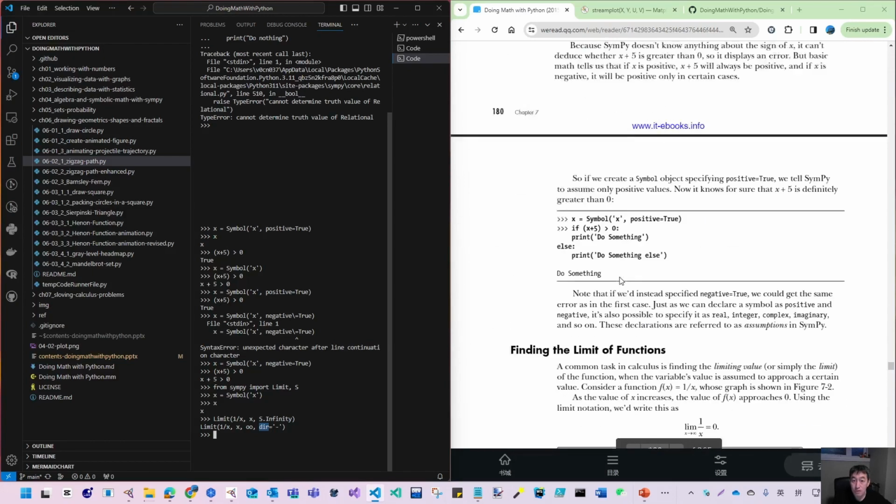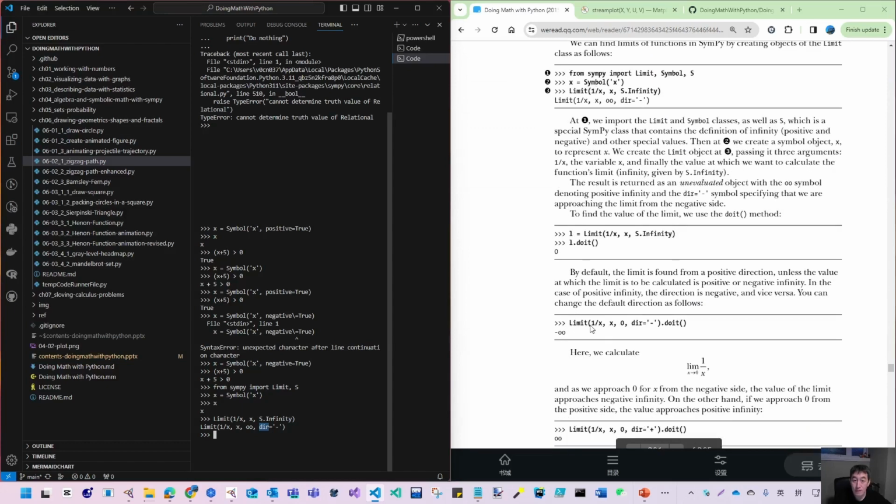We will now introduce this dot, and later we'll keep using this dot. That is a method that asks this expression to do the testing, the calculation.